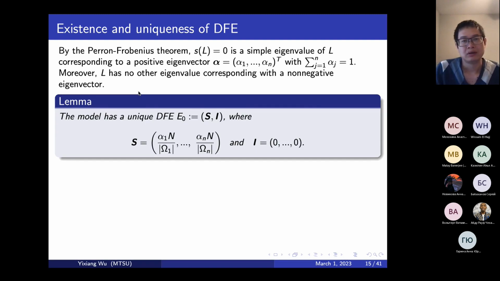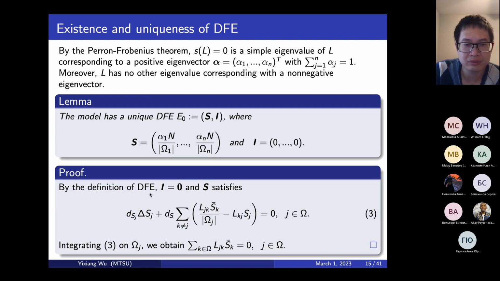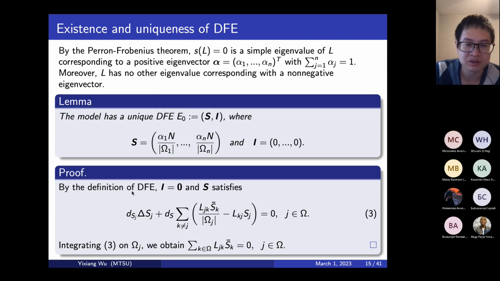Then the model has a unique disease-free equilibrium, E0. The proof of this is actually simple. Disease-free equilibrium really just means all the I components equal 0, so S will satisfy this system.